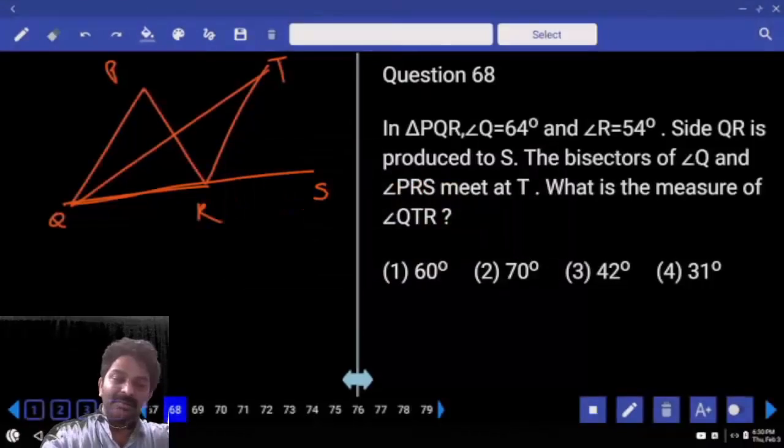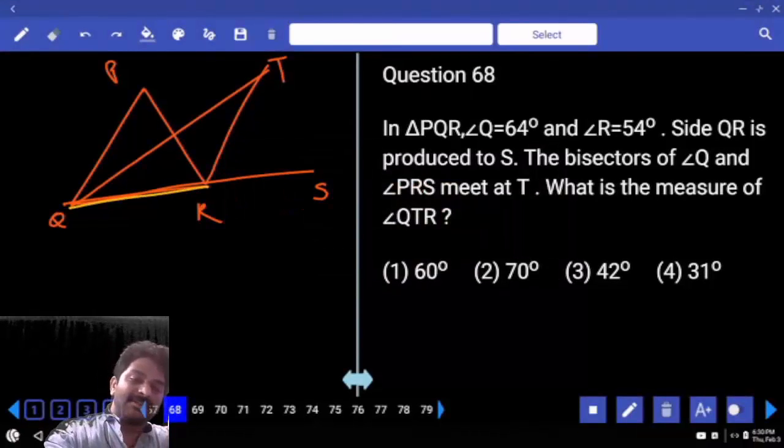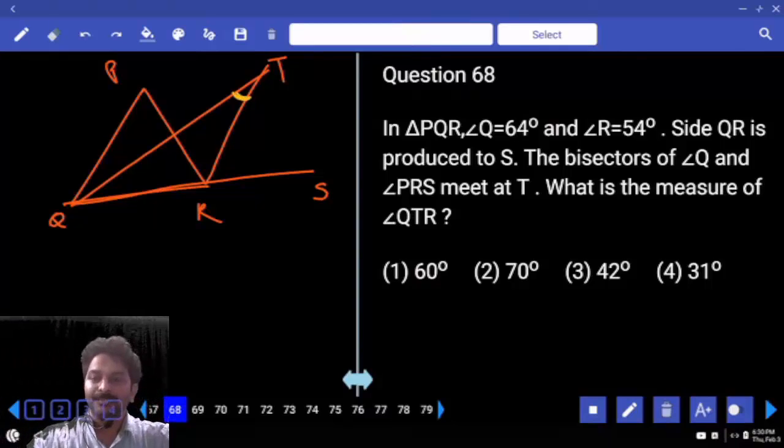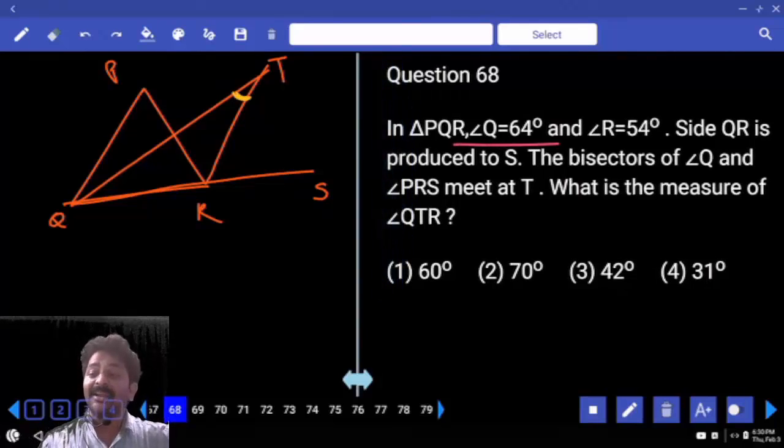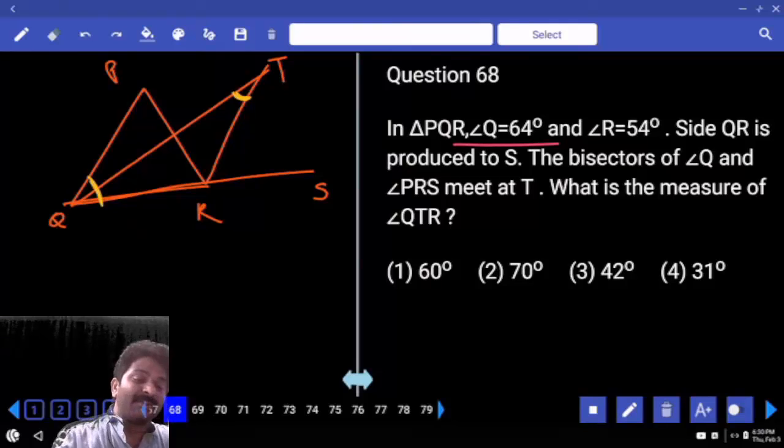That means QTR, this triangle. So we were asked to calculate the angle at this place only. Now come on, tell me what is the angle measured at angle Q? That means this angle is 64, right?